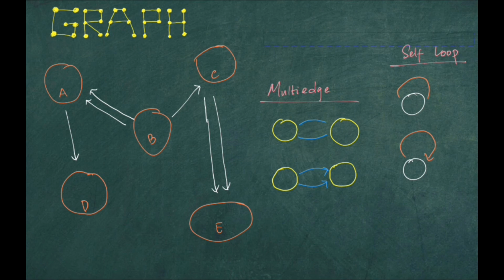Well, let's say we are representing a flight network between cities as a graph. If there is a direct flight connection between any two cities, there can be multiple flights between a pair of cities. And therefore, we're going to have a multi-edge in this graph.